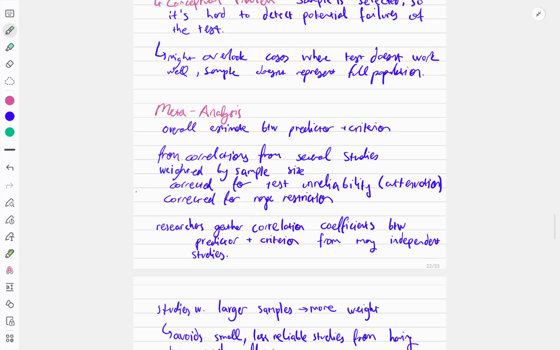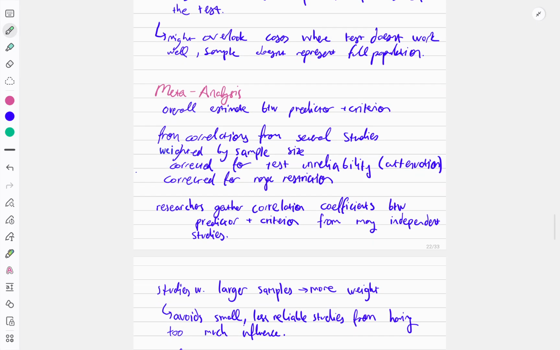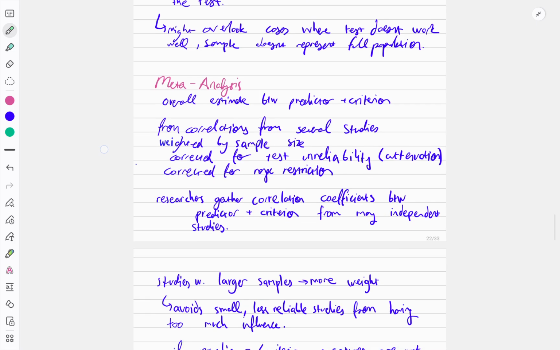In meta-analysis, we can look at overall estimates between predictor and criterion. Meta-analysis is another step after we have done our criterion assessment. We look at the overall estimate between the predictor and the criterion, from correlations from several studies, and we weight them based on sample size.